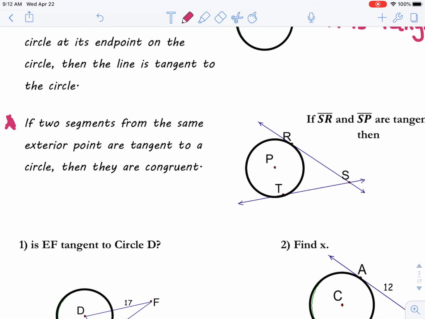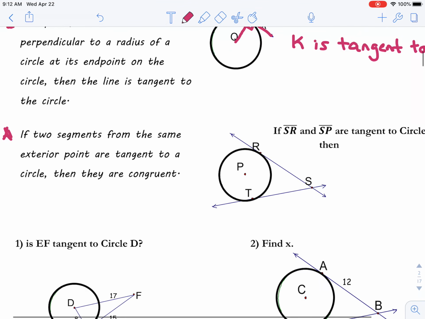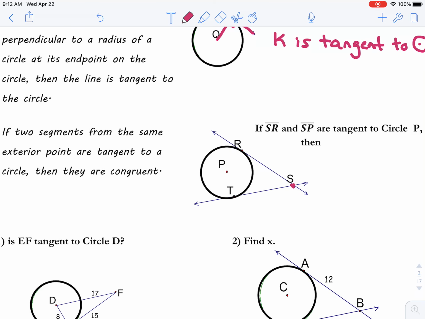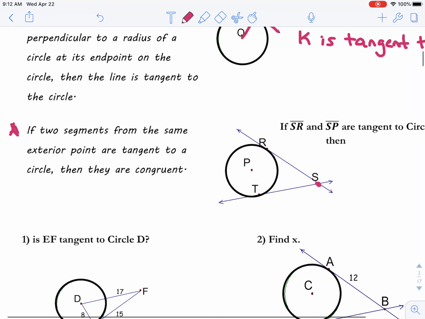If two segments from the same exterior point are tangent to a circle, they are congruent. So in this case, I have S, which is my exterior point, and the line SR is tangent to this circle, and the line ST is tangent to the circle.